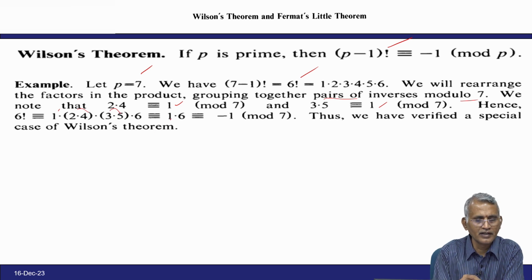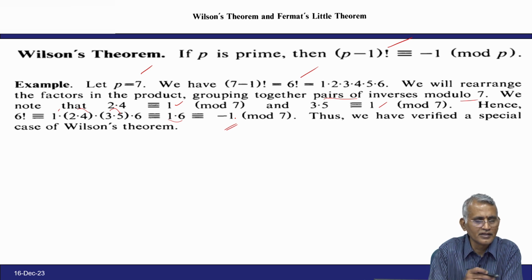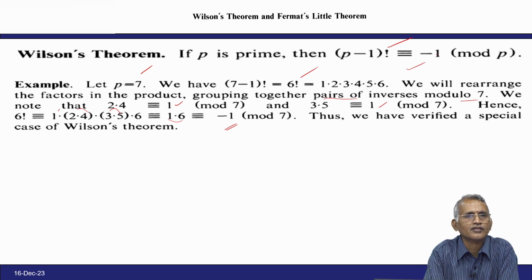Therefore, it is identically equal to 1 into 6. So, 1 into 6 you take under modulo 7, definitely that value 6 under modulo 7 is minus 1. So, we have verified the special case of Wilson theorem. That is the meaning of, if you take P equal to 7, 7 minus 1 factorial is 6 factorial, which is identically equal to minus 1. So, this is the meaning of Wilson theorem.